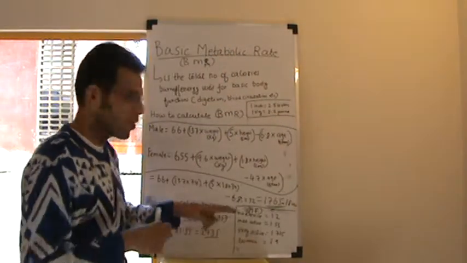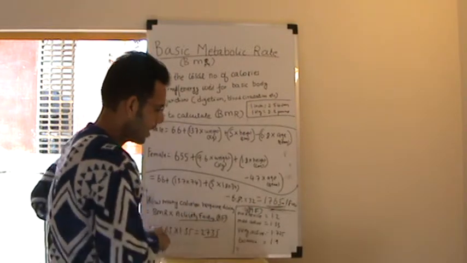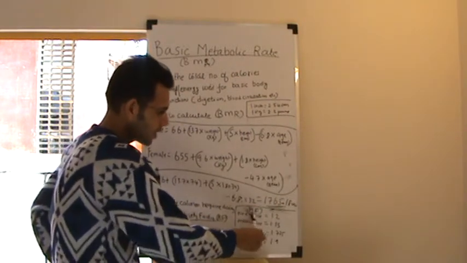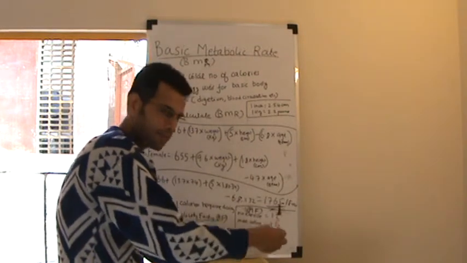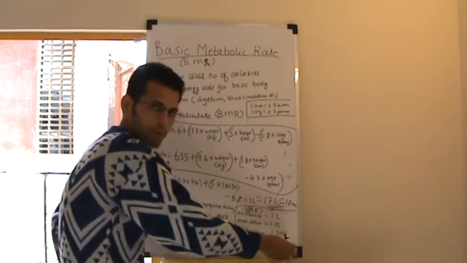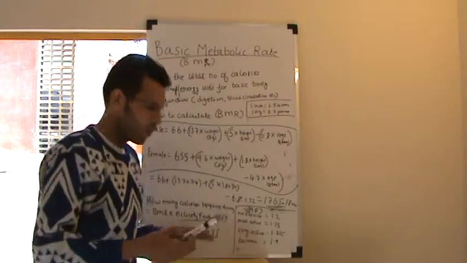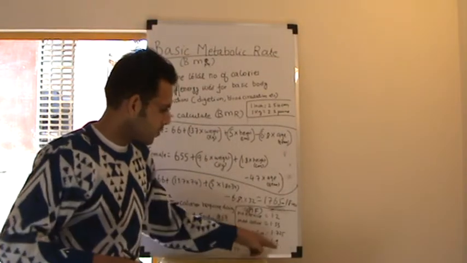So based upon your activity, there is an activity factor defined. The activity factor for no exercise is 1.2, for moderately active is 1.55, for very active it is 1.725, and for people who are extremely active, I mean sports people, it is 1.9.